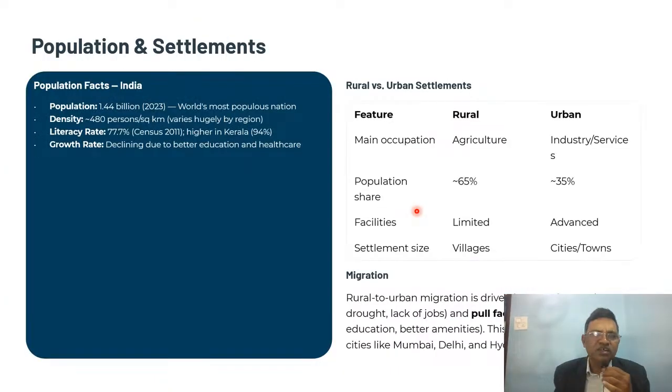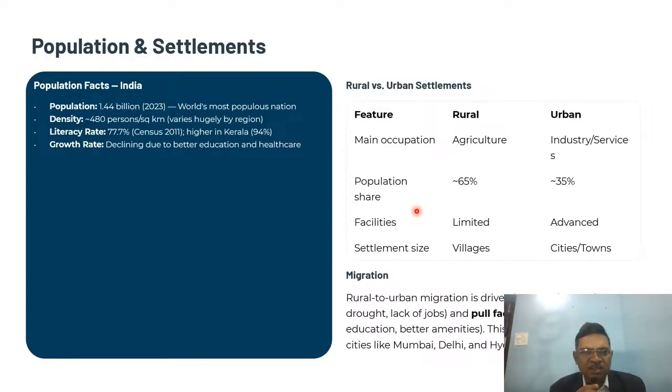Then population and settlement. India is one of the most populated countries, after China. India has 1.44 billion people, according to the 2023 estimate, the world's most populous nation. The density is almost 480 per square kilometre, and it depends on the region.